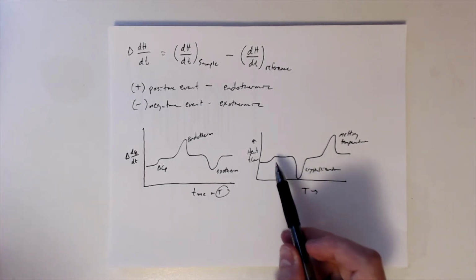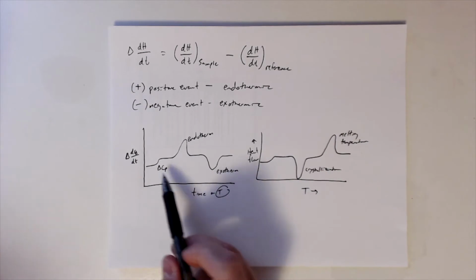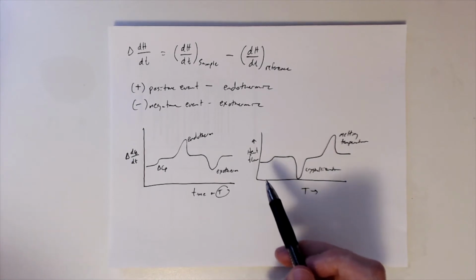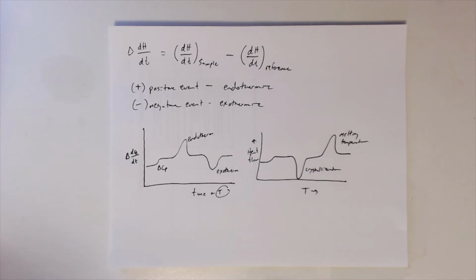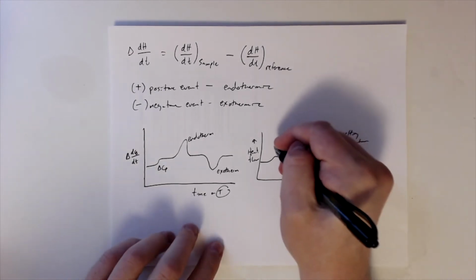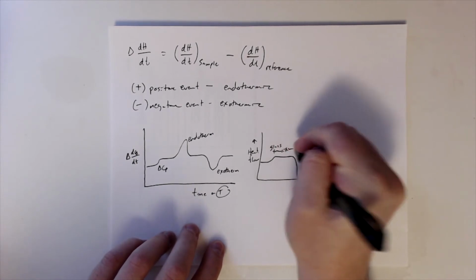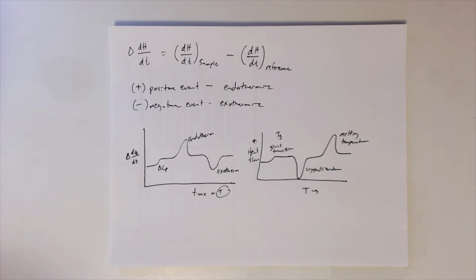Okay, and lastly, this kind of change in heat capacity that we see over here also occurs in polymers quite frequently. And a change in heat capacity, if you remember from a class like ceramics, is tied to the glass transition. So this is the Tg that you might remember.